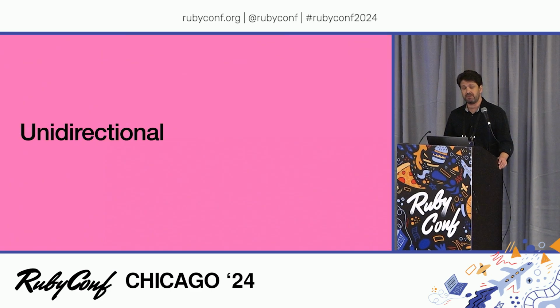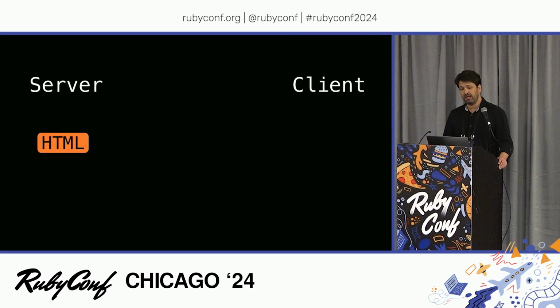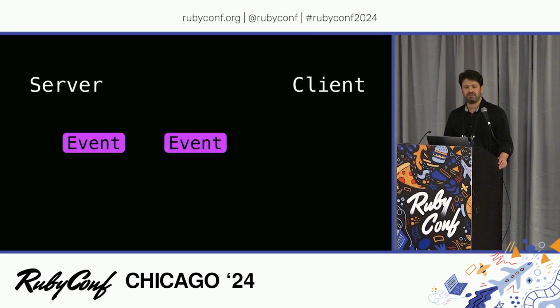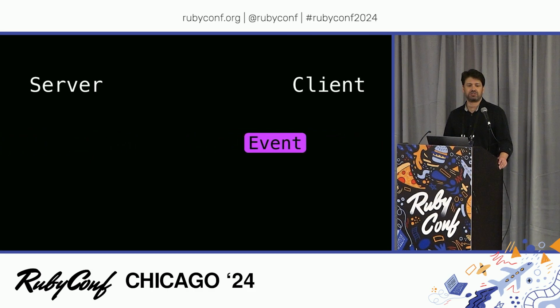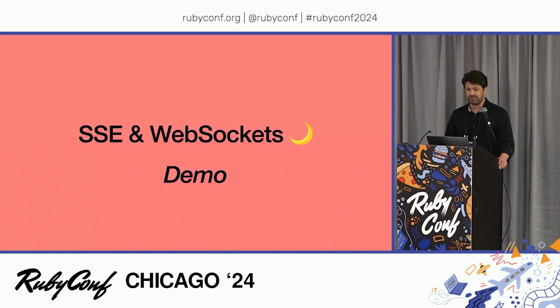It's a one-way stream from server only to client. You can't go from client back to server. And it looks very much like the TCP that it sits on top of, but it sends an HTML page that completes the end of the HTML element, and then events stream after it, ordered, reliable events.